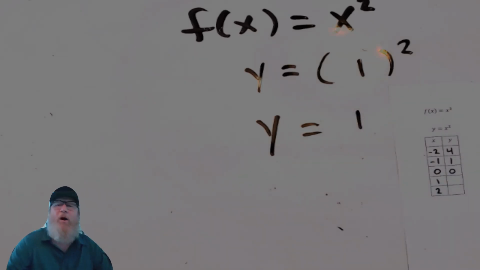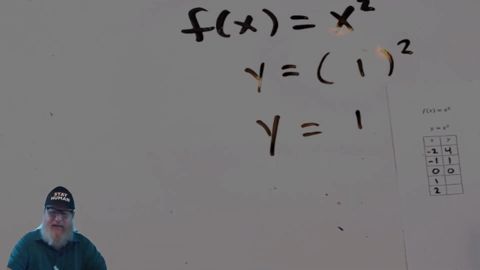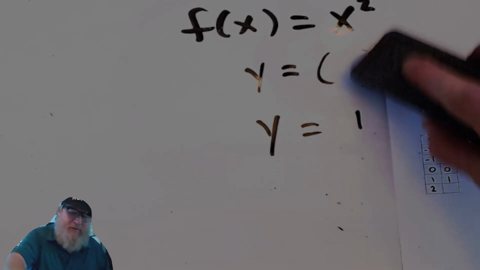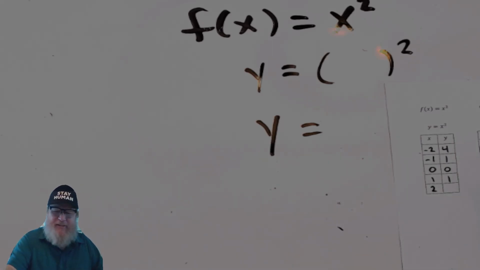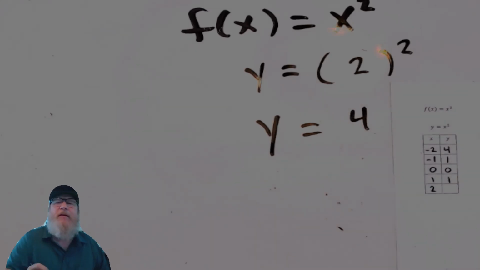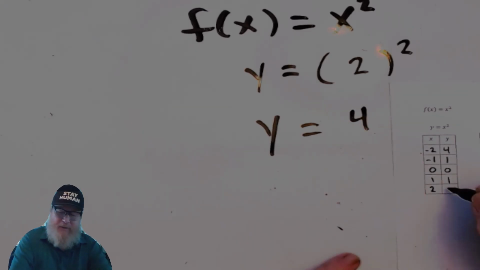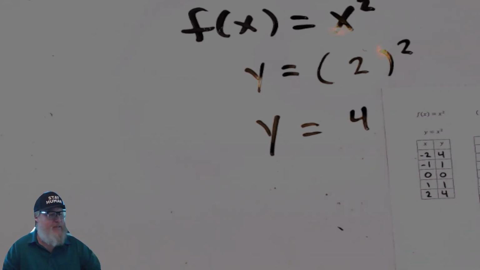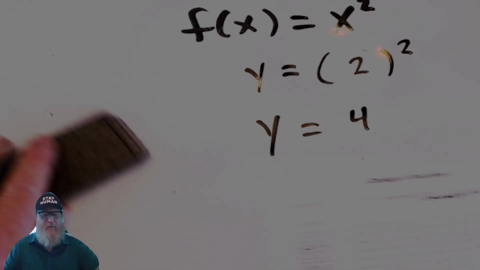If I plugged in 1 for x, again, I would get 1 for y. It's very similar to the absolute value. The key difference is this one is squaring the number. And so when you square 2, you again get 4. And so you'll notice a similarity here with the values.